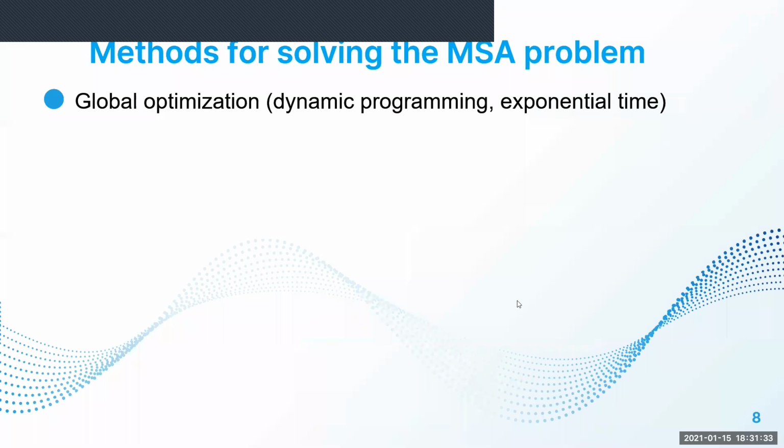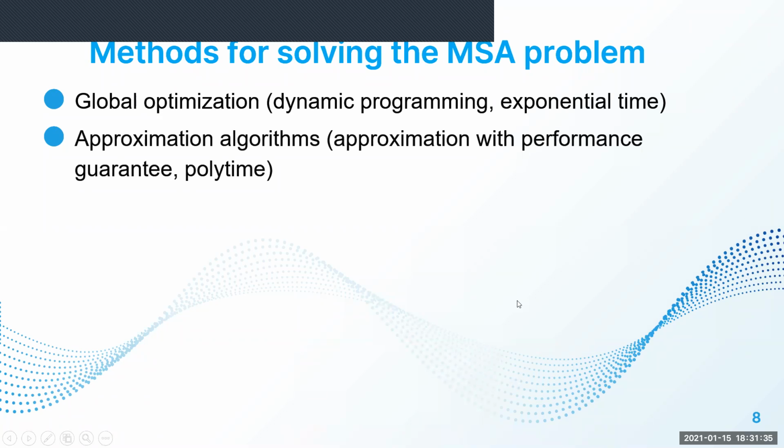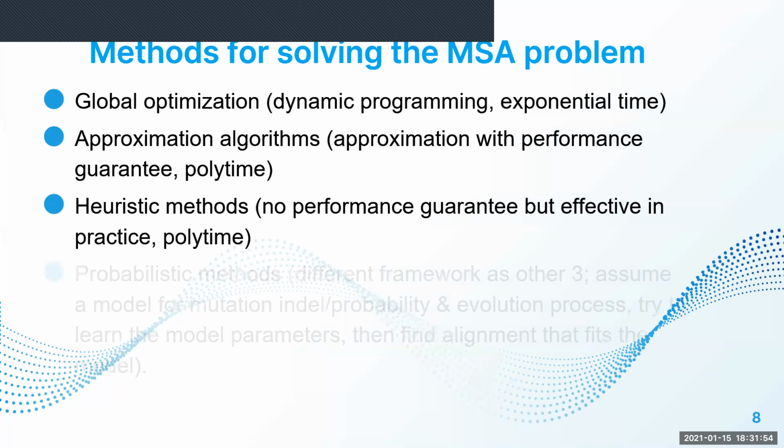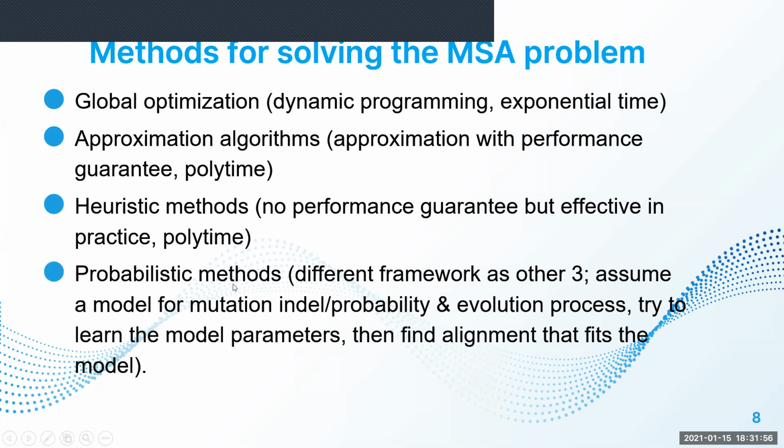Then we can go for approximation algorithms, which give some approximate performance in polynomial time. Then we can have heuristic methods, where performance is not guaranteed, but we can get a solution in polynomial time. Then we can have some probabilistic methods also.